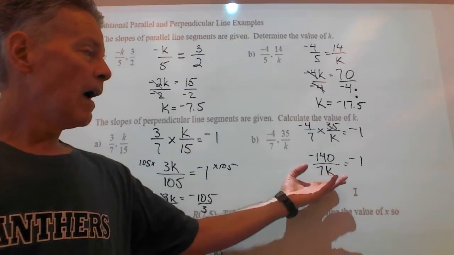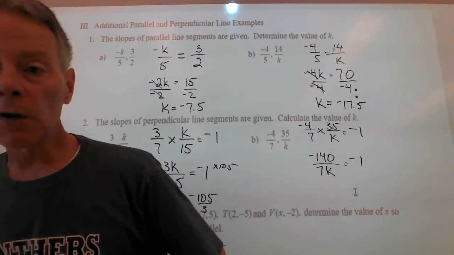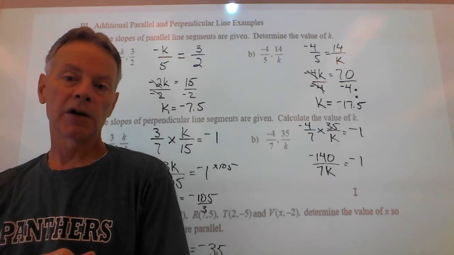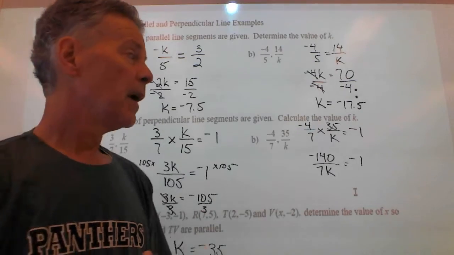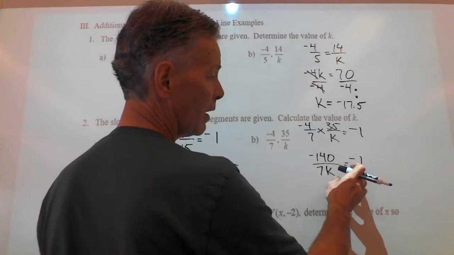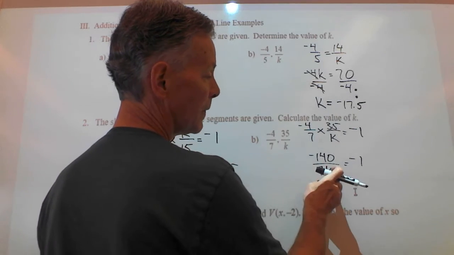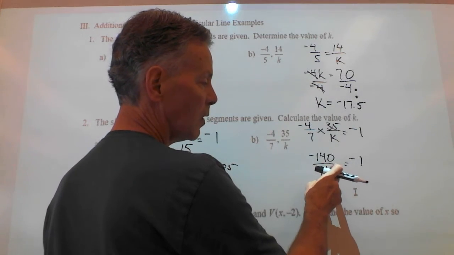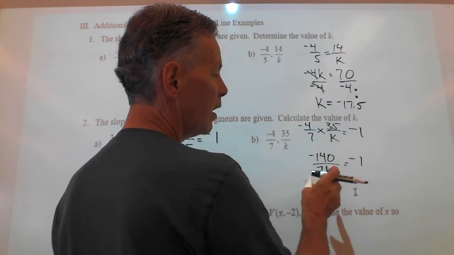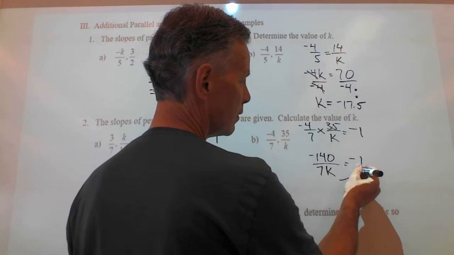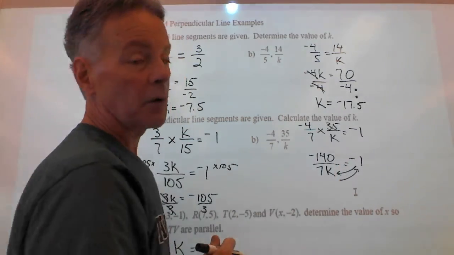Now, having the variable in the denominator of a fraction can give grief to some students. But there's a really simple way when you have 3 terms in your equation. If you want to get rid of this from the denominator, you can simply swap places with the number that's across.